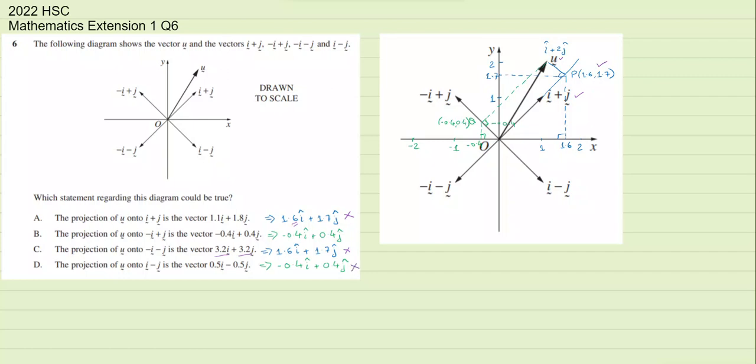Then let's see the last option, which is expected to be correct, but we still need to evaluate it. The projection of u onto minus i plus j is the vector minus 0.4i plus 0.4j. So that's the correct option. The correct option is option B.